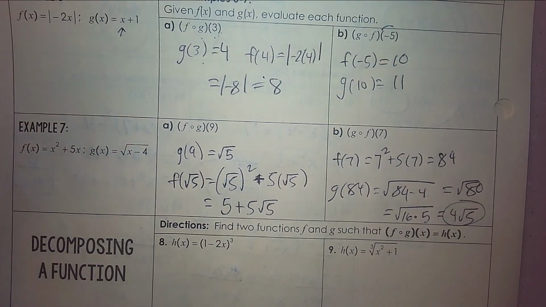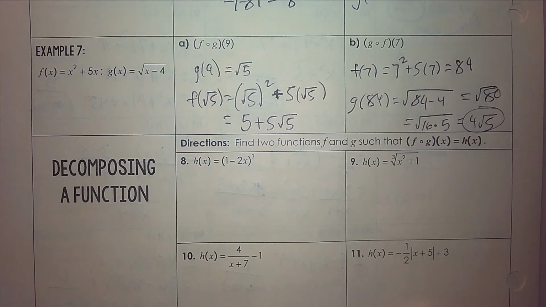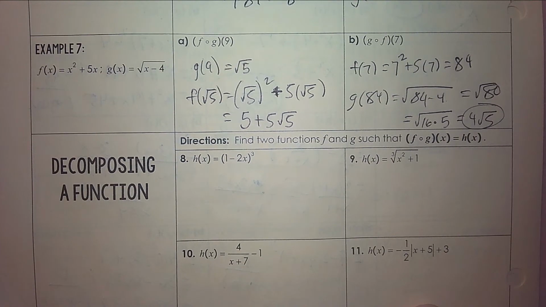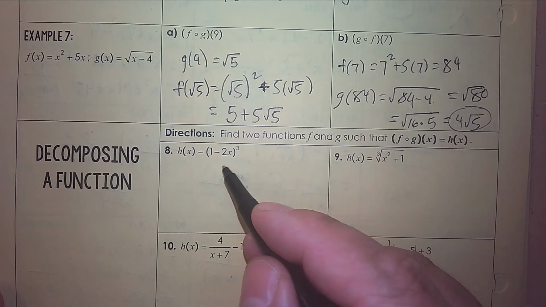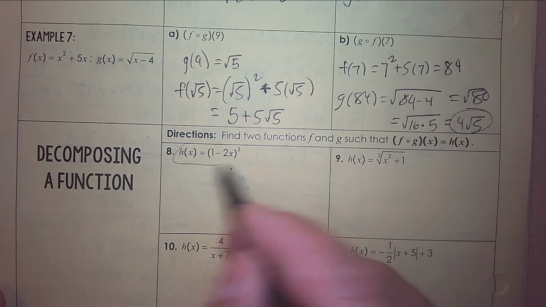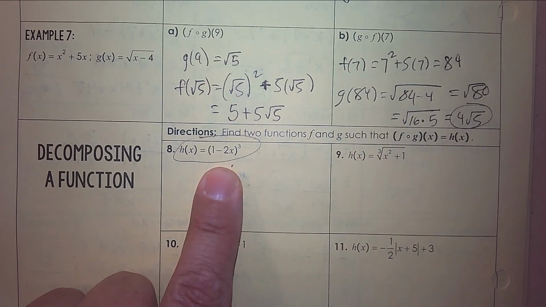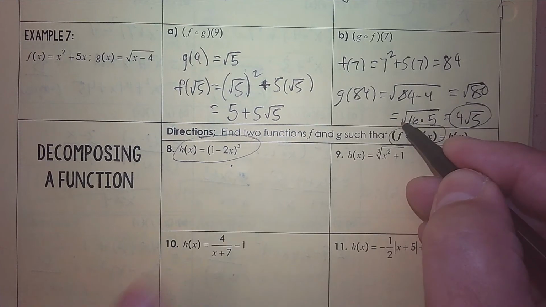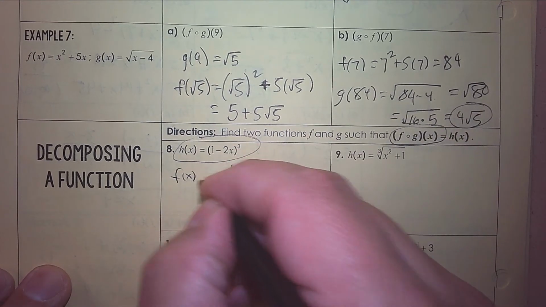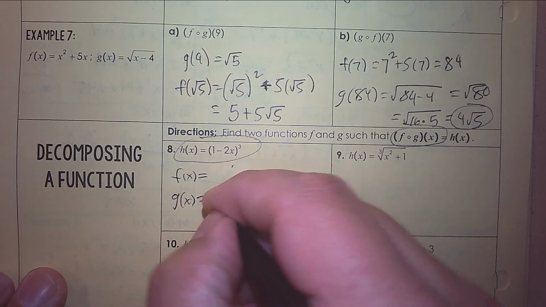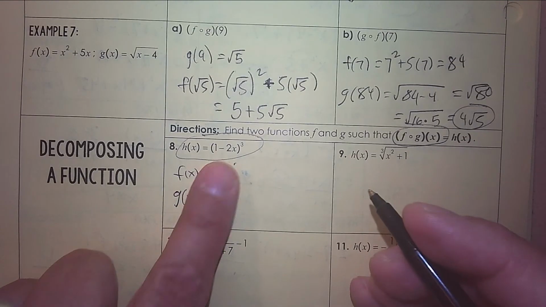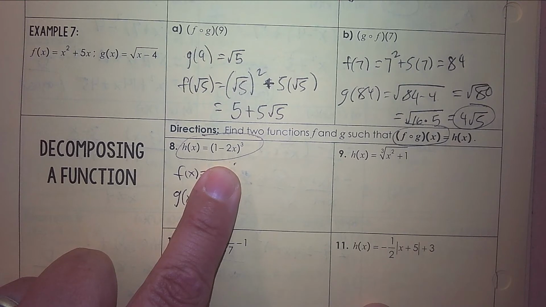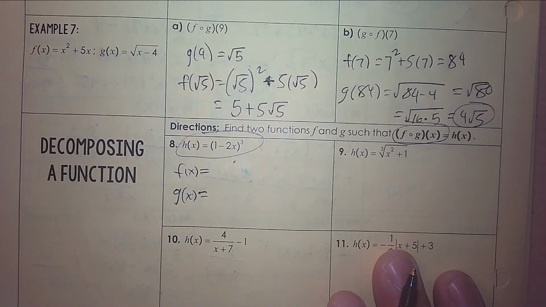All right, last part of the lesson is can we work backwards? So, can you find two functions that fit for this answer? So in other words, the answer you have is the composition. Can you break it down and tell me what two functions were used to get that final answer? So again, you're given the final answer, and you have to figure out what two functions were put together to get that final answer.